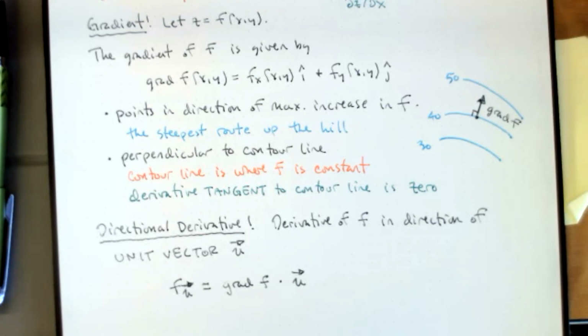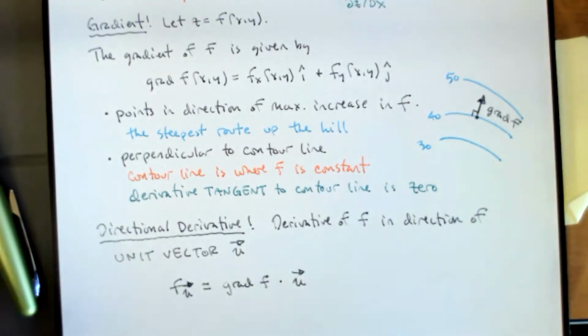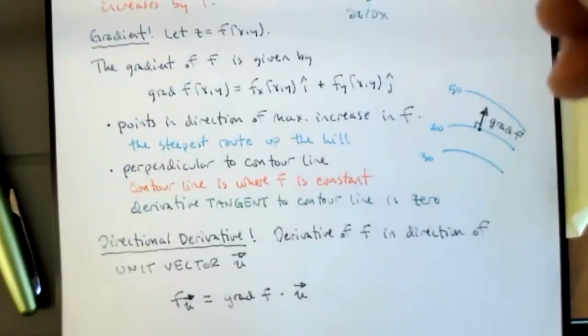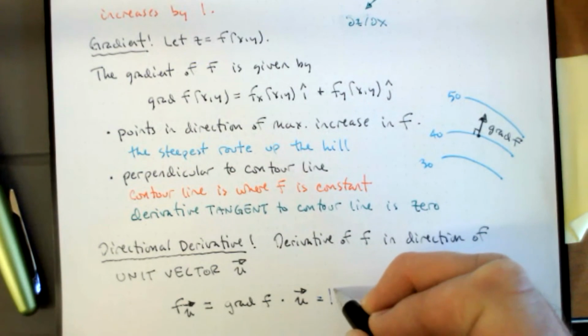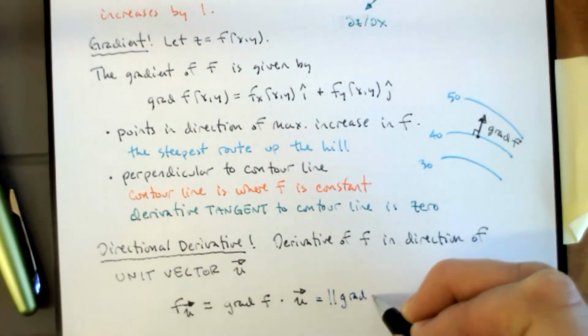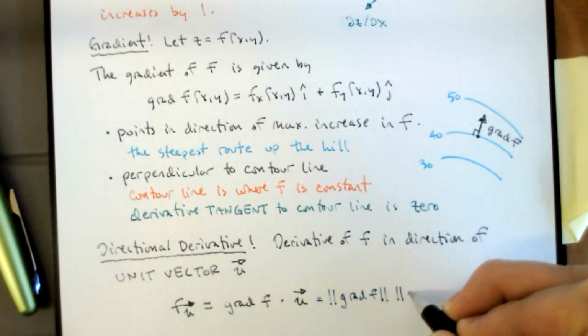Because the dot product of the gradient and the unit vector is going to be the magnitude of the gradient times the magnitude of the unit vector, which is 1, times the cosine of the angle between those two vectors. And I want to get all my magnitude information out of the gradient. So if we think about what the dot product represents, I'm going to take the magnitude of the gradient times the magnitude of u.